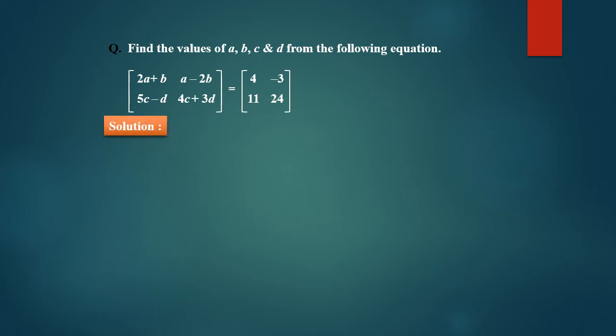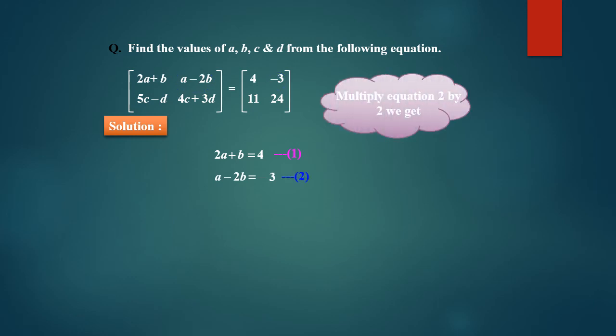Again, in the question itself it is given that the two matrices are equal, so we can equate the corresponding elements. First, 2a plus b equal to 4. Next, a minus 2b equal to minus 3, 5c minus d equal to 11, and 4c plus 3d equal to 24.